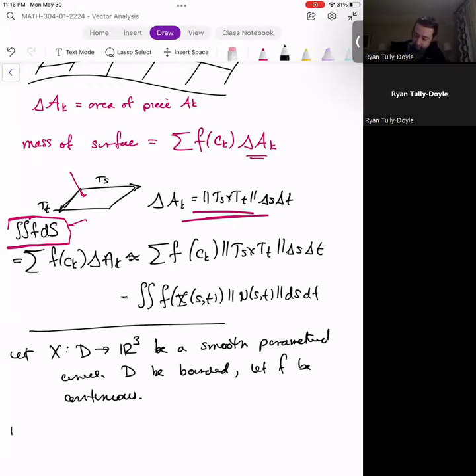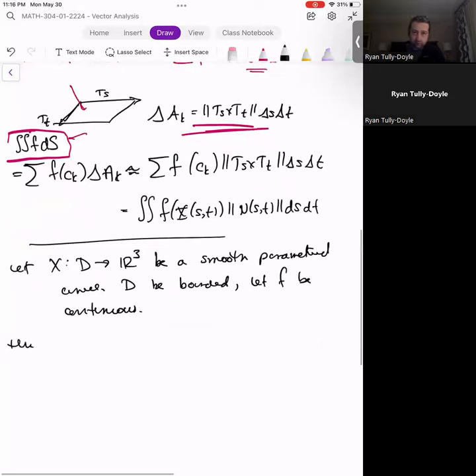Then our intuitive argument can be made concrete. The double integral over the parameterization x of f dS.